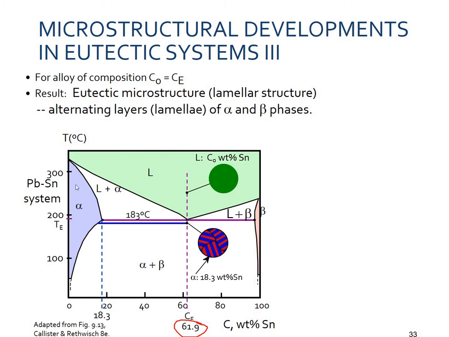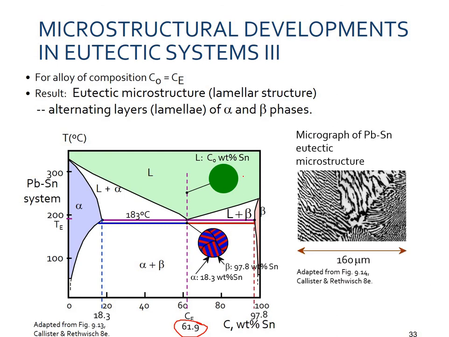Now we'll be discussing the microstructures from this region. Before that, you can see that this is a micrograph of the eutectic microstructure. That is lamellar, with alternating layers of the alpha and the beta.